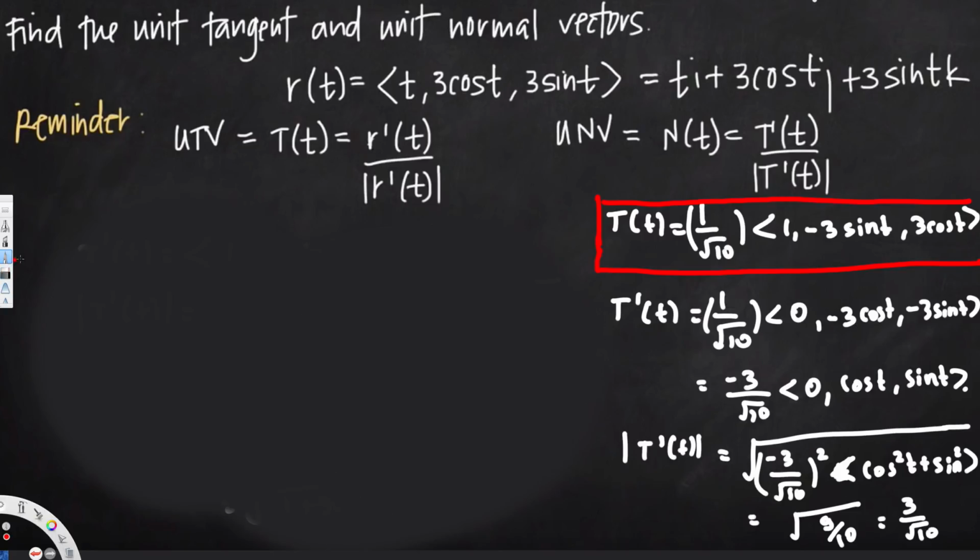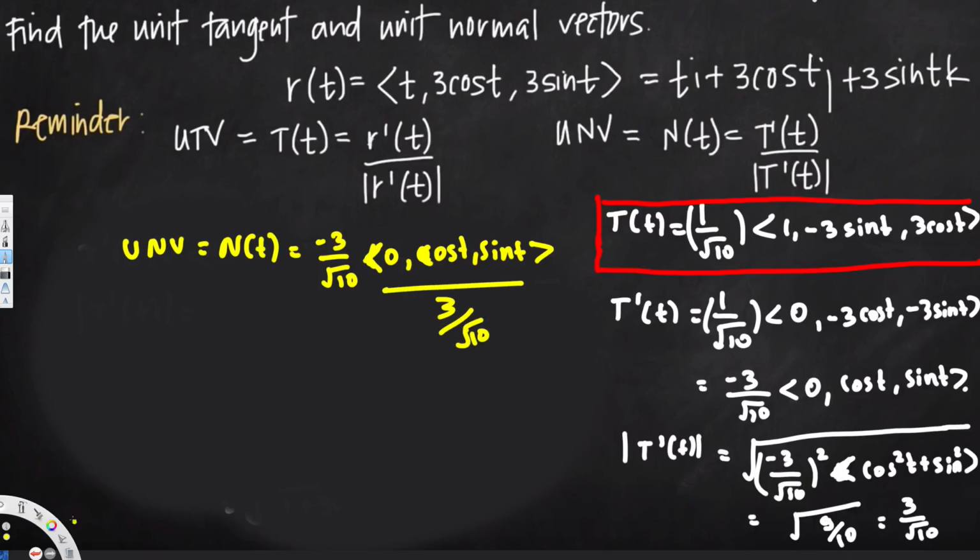Now let's continue this part. We are trying to find the unit normal vector. N of t is equal to T prime of t, that is negative 3 over root 10 times the vector 0, cos t, sin t, and then we divide by the magnitude of T prime of t, that is 3 over root 10.